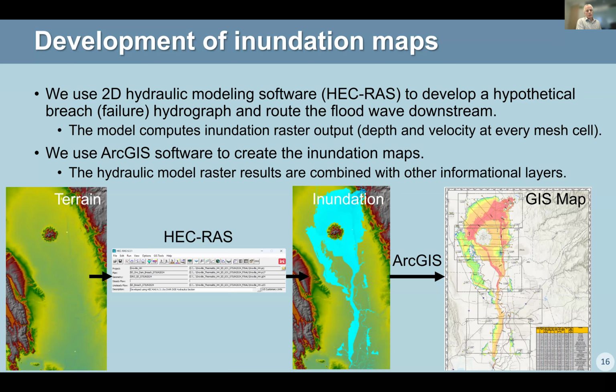You can download good data off the internet. We have better than that. So with that terrain data, we use a hydraulic model to develop an inundation map. And then we send those rasters to our folks in the geomatics branch here at DOE, and they make the pretty maps for us using ArcGIS.